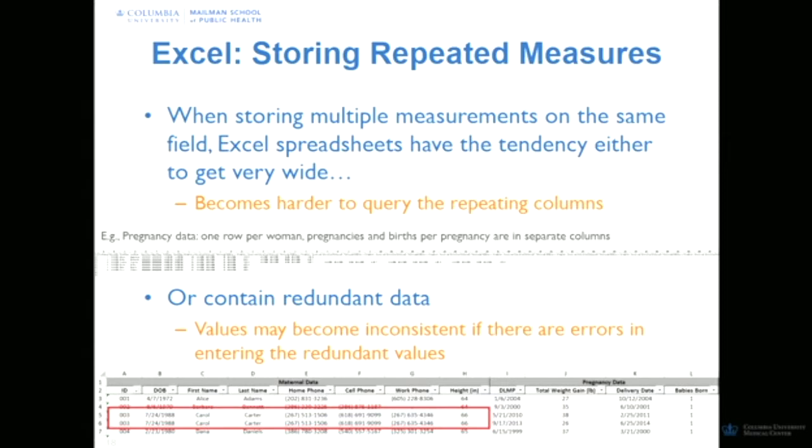Some people recognize that the repeating columns are cumbersome, and so they'll consolidate. But then what winds up happening is that there will be redundancy in the rows instead, which we might think, okay, well that's not so bad. At least it's not as unwieldy to work with.